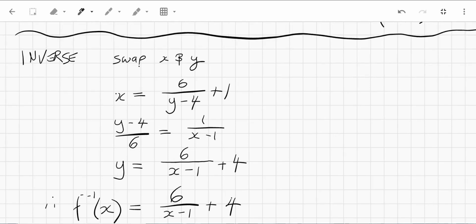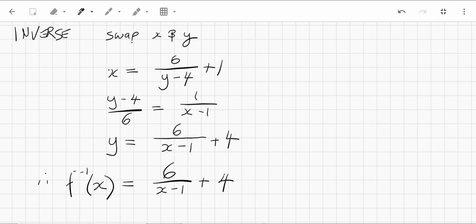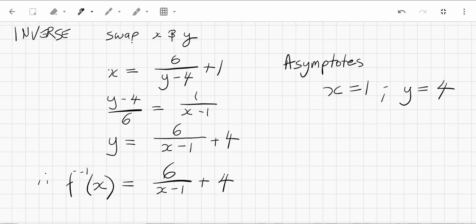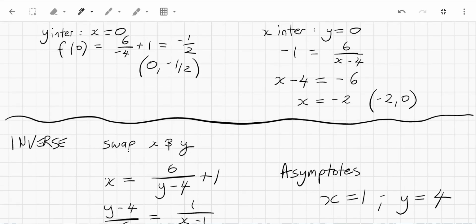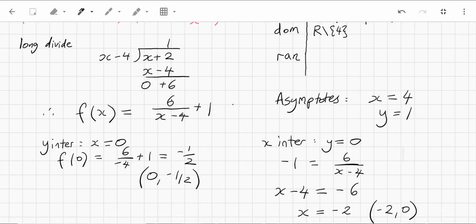Okay, now in terms of the key features for this graph, its asymptotes are x equals 1 and y equals 4, which, comparing it to the original up here, have swapped around.